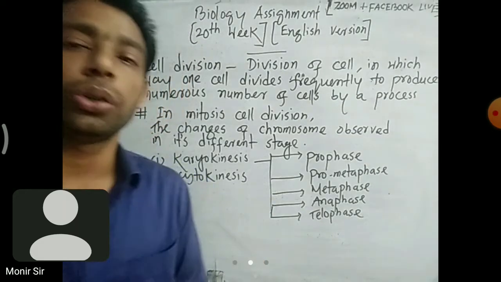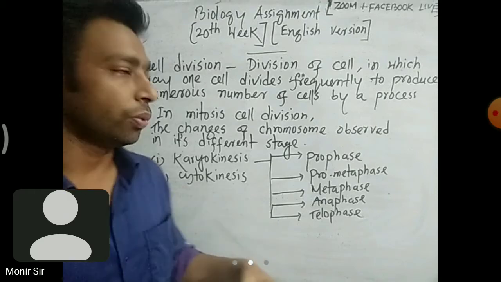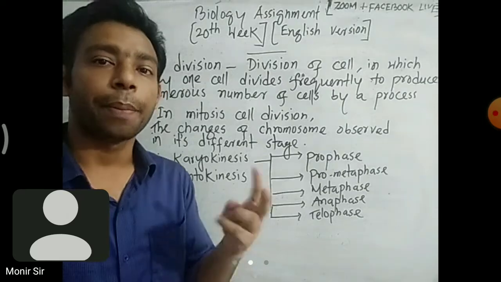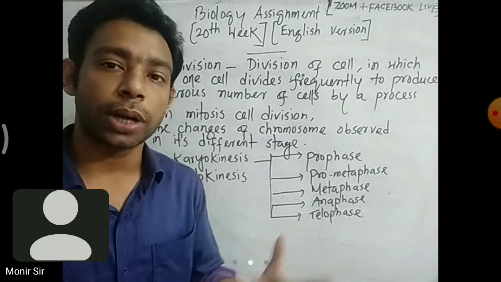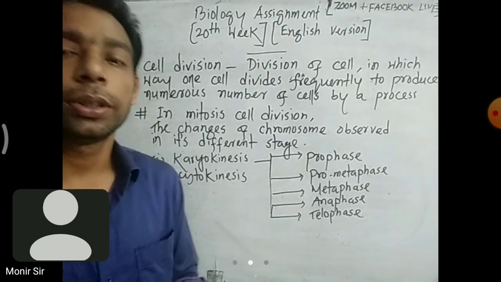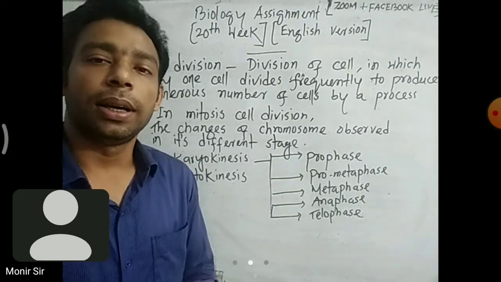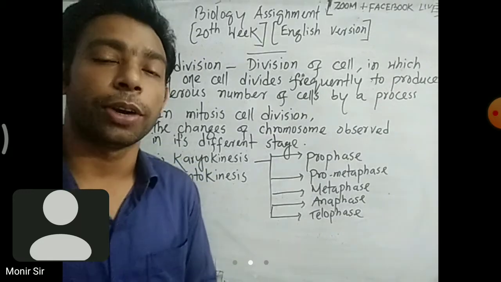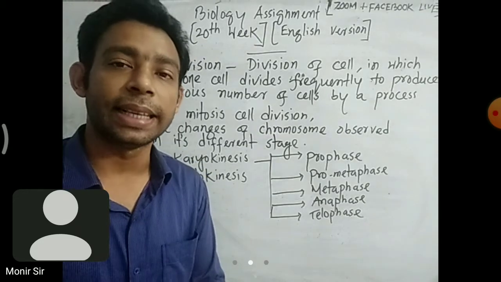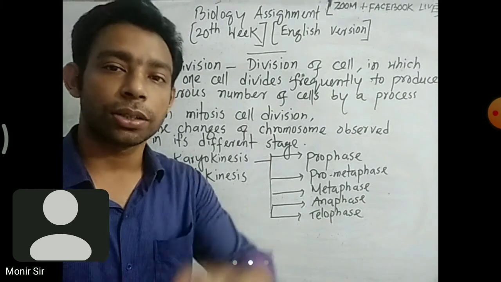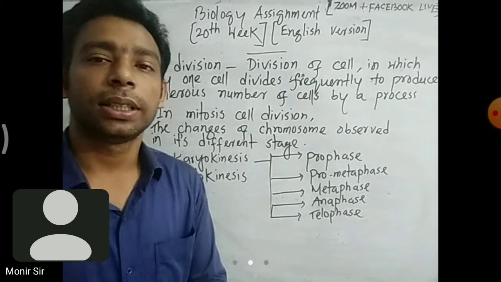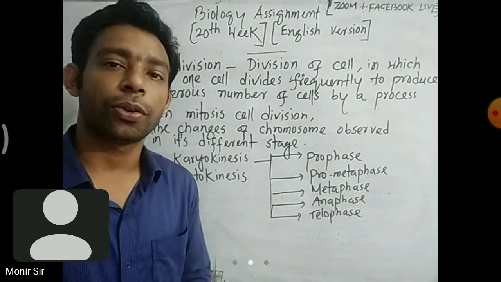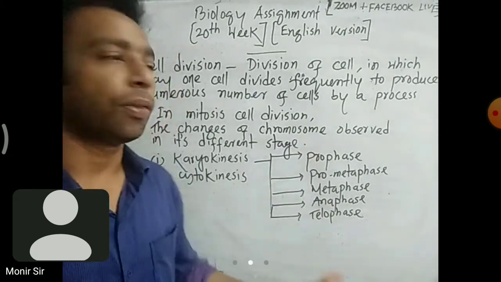Since the changing of the chromosome is what is asked, we will specifically mention the karyokinesis of mitosis cell division. Cytokinesis is a division of cytoplasm where there is no chromosomal change. In karyokinesis, that is to be counted. It is very important to know all five phases.